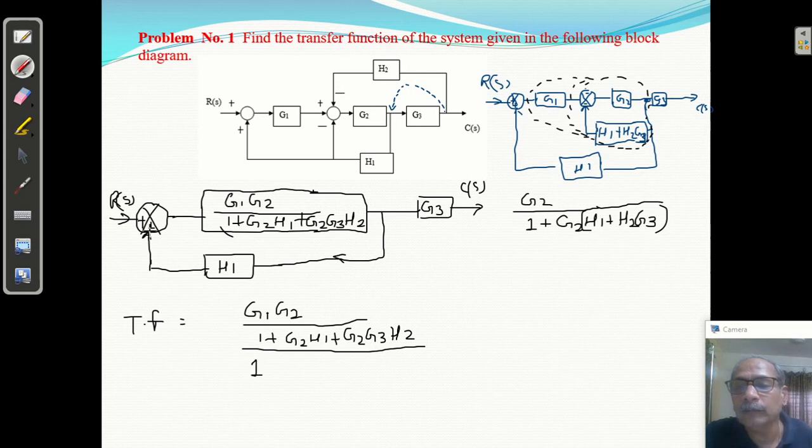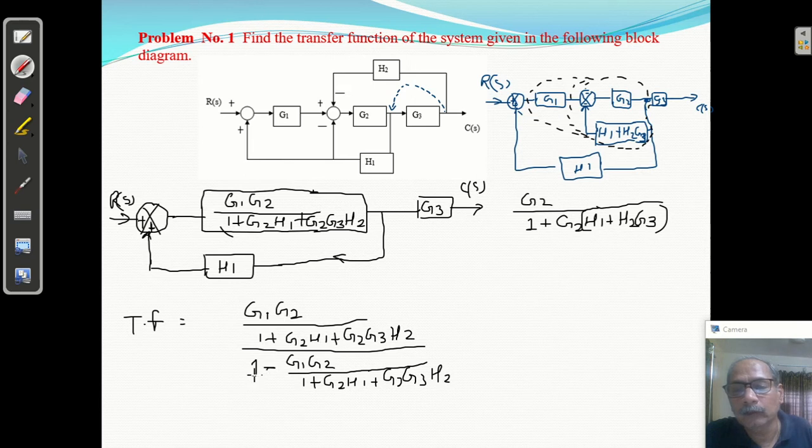Now see what is the feedback? Positive feedback is there, so here it will be minus. Okay, because of positive feedback, minus G(S), this G1 G2 upon 1 plus G2 H1 plus G2 G3 H2.